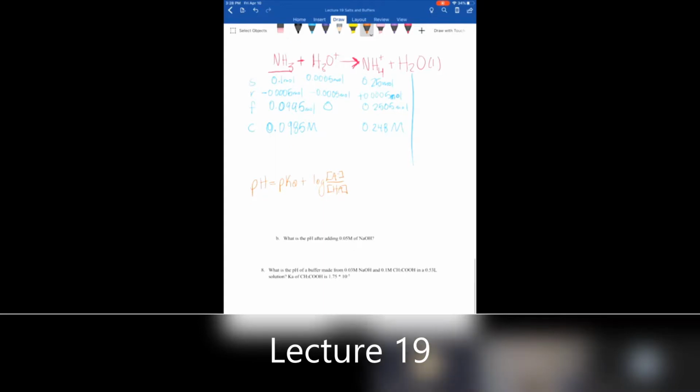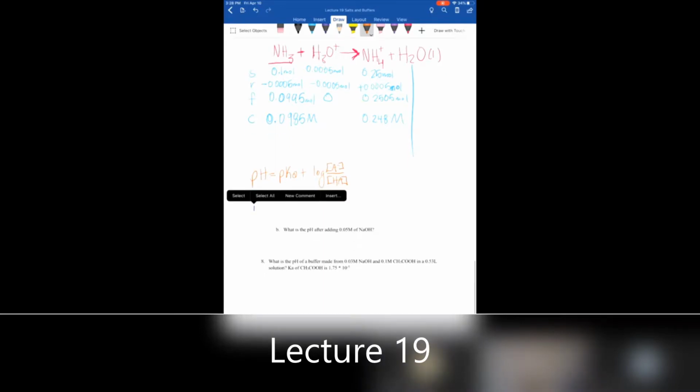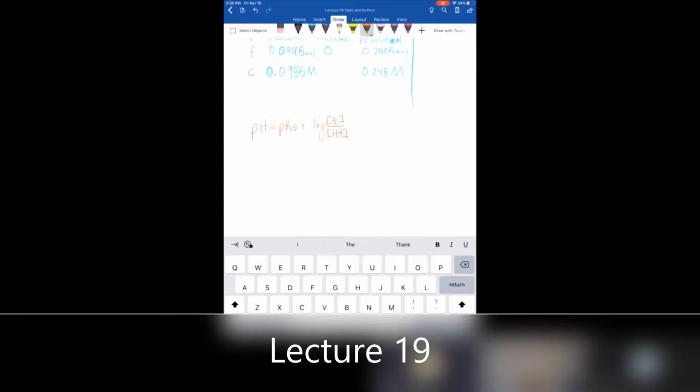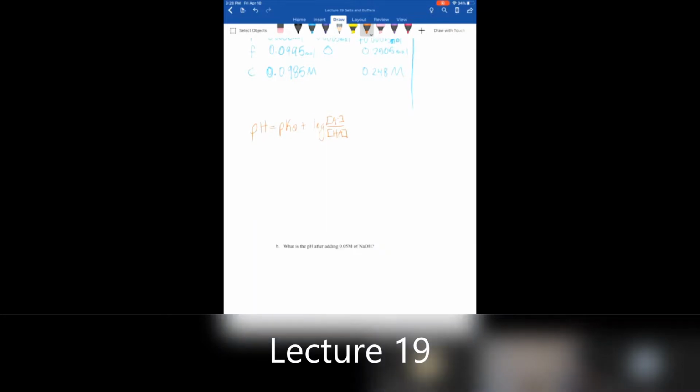And your A minus will still forever be your base. It doesn't matter whether you're adding acid to the buffer or adding base to the buffer, whatever your conjugate base is, it goes at the top. It will never change. It's always A minus over HA. Just remember that. Okay. Just wanted to say that.